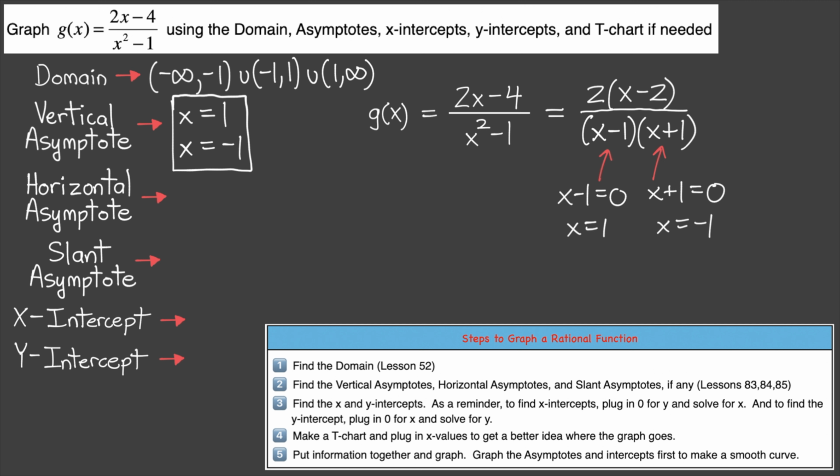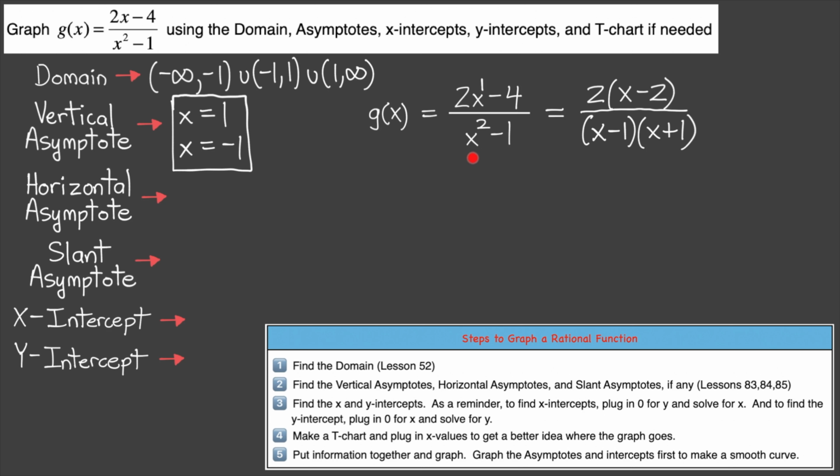All right, the next asymptote is a horizontal asymptote. So let's go ahead and erase some of this work here. For horizontal asymptote, we compare the largest exponent on top to the largest exponent on the bottom. In this case, we have an x to the 1, so I'll write a 1 here. And then on the bottom, we have an x squared. So notice this function is bottom heavy, meaning that the larger exponent is on the bottom as compared to the top.